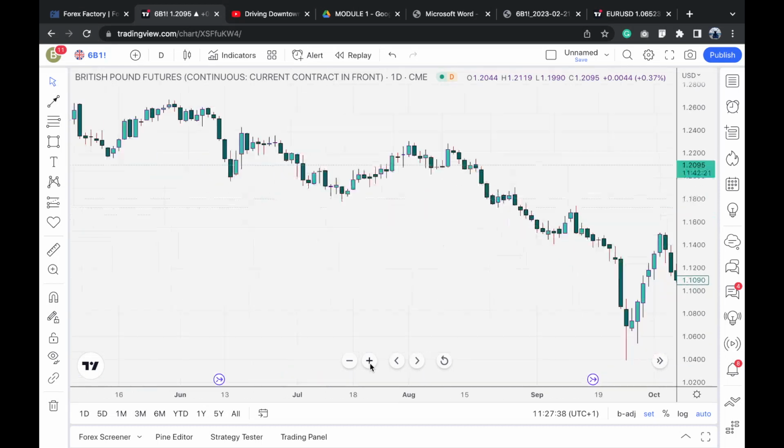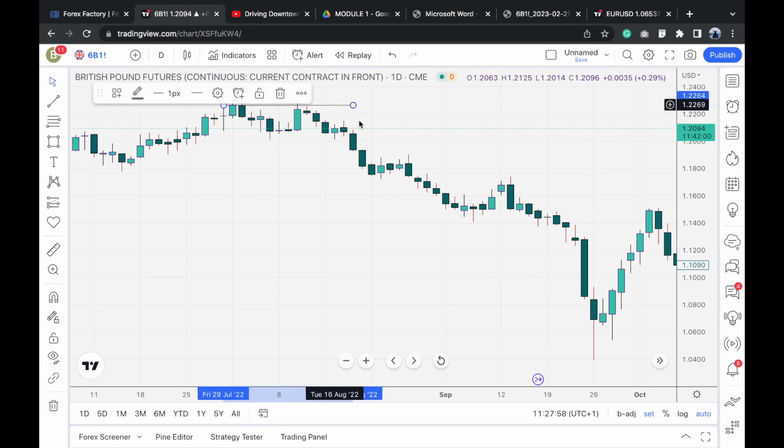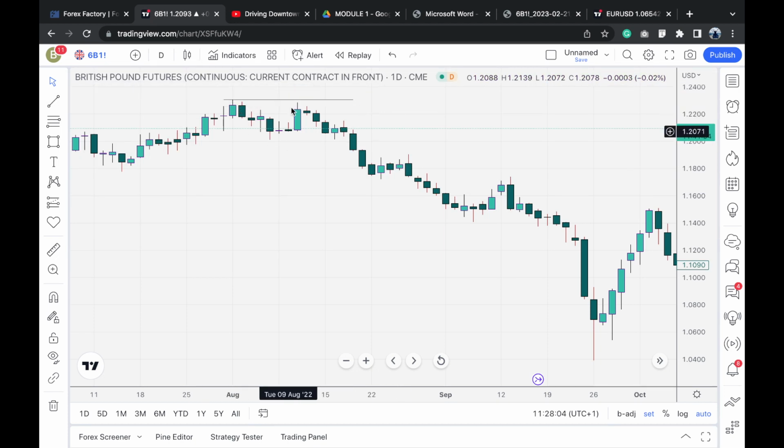So right here we have what retail will consider a double top, right? The M formation. Now you're going to look at this and think, well, this does not make sense. Isn't this just classic resistance? No, it's not. Look at this. Now, if you were expecting a run on liquidity out here, you never get that.